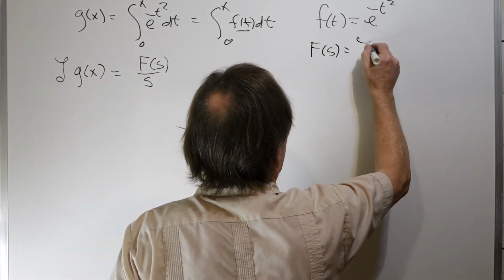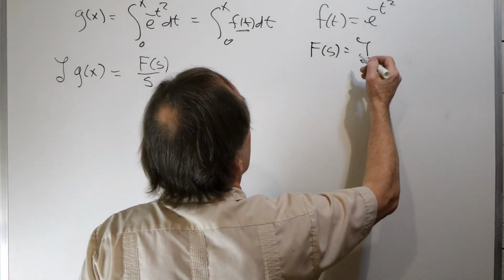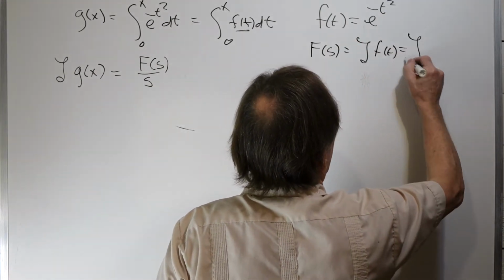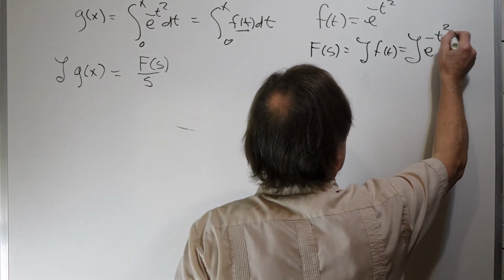Now, we just showed from the table of transforms that we want to find f of s, which is the Laplace transform of f of t, which is the Laplace transform of e to the minus t squared.